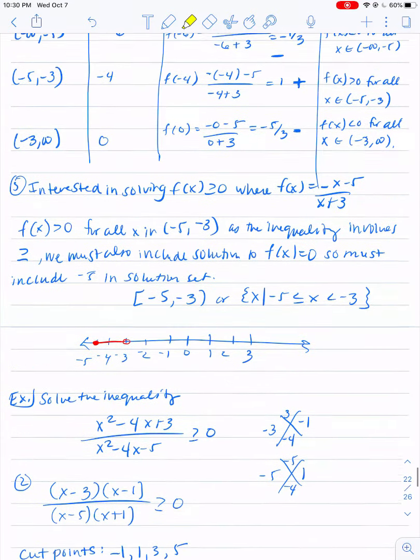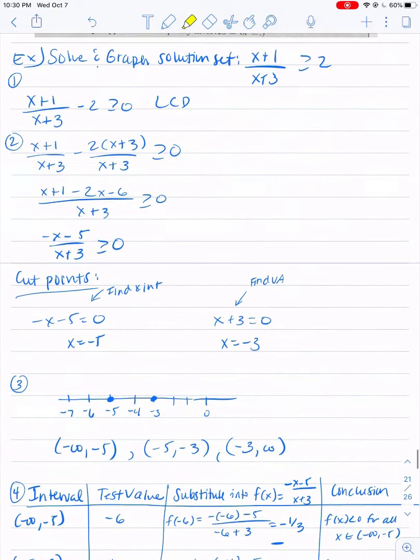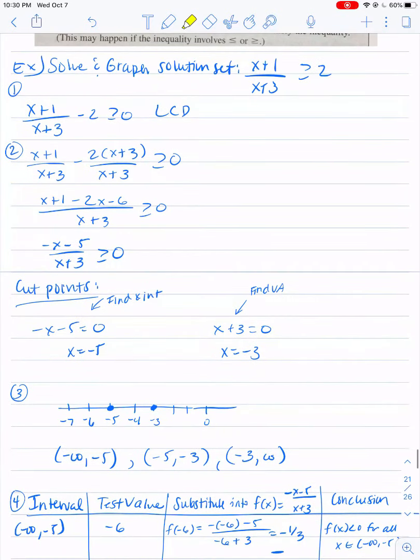interval. From our original inequality, we're interested in solving f of x is greater than or equal to 0. So we know that f of x is greater than 0 for all x in negative 5 to negative 3, as the inequality involves greater than or equal to. Then we have to include the solution to f of x equals 0, so we include negative 5 in this solution set, and it also satisfies our inequality when we plug it in.